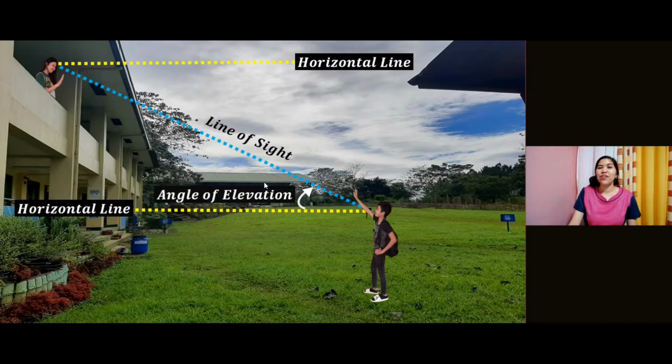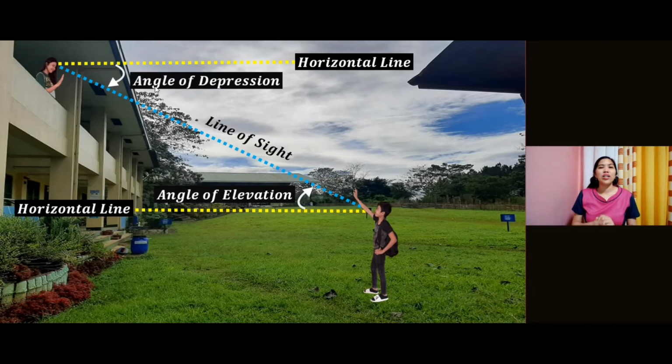Angle of elevation. And as your classmate looks down, there is another angle that is formed between her horizontal line and line of sight. This angle here. And this angle is what we call angle of depression.